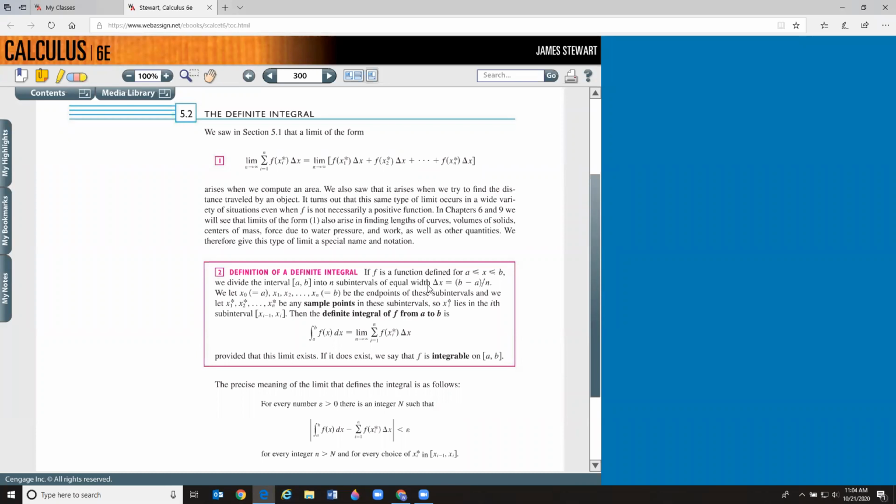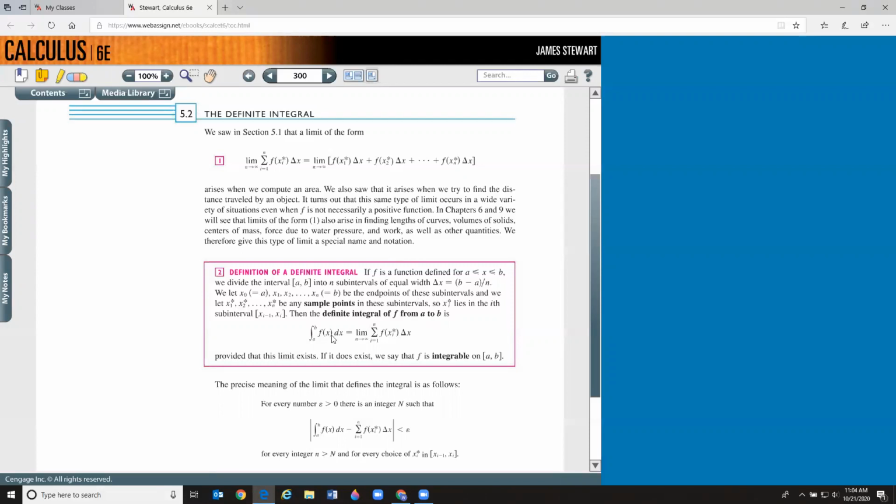And just as a matter of computational convenience, they make each interval the same width, when in reality, they don't have to be. The intervals can be of different widths. The calculation becomes practically impossible if they are. But mathematically, it is just as sound to say that they are of unequal widths as equal widths.